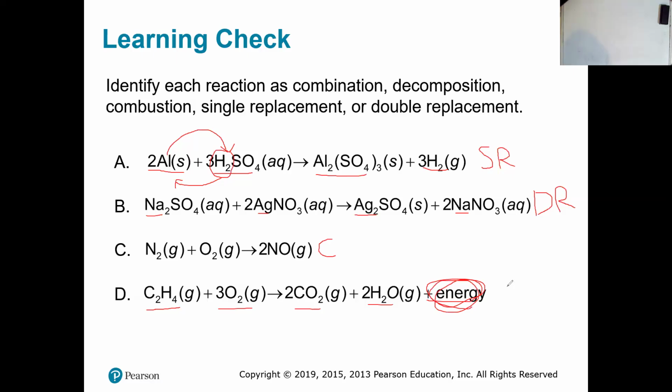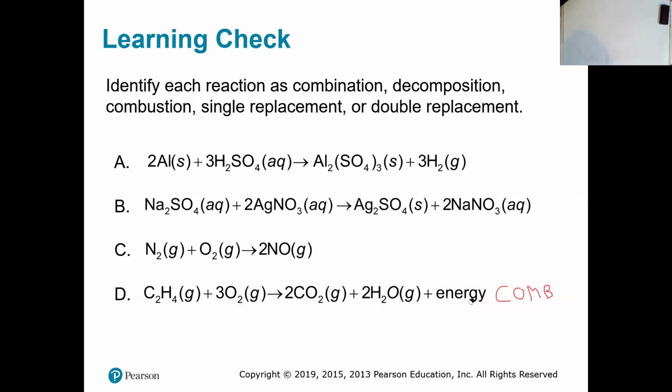That right there, that's how you know that that's going to be a combustion reaction. My really sad mouse handwriting. Okay, that's going to be combustion. Okay, erase.